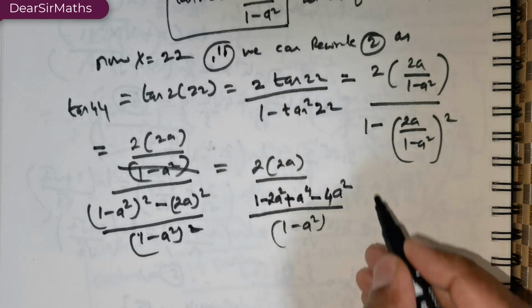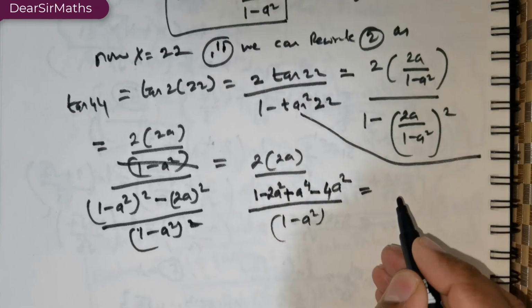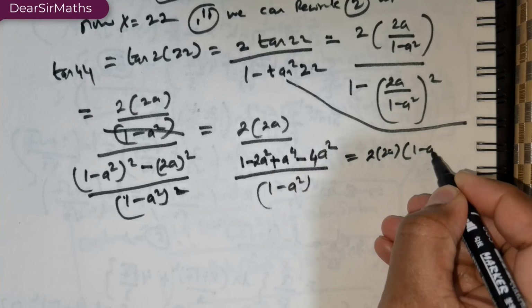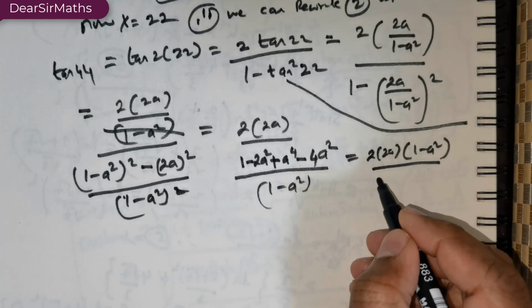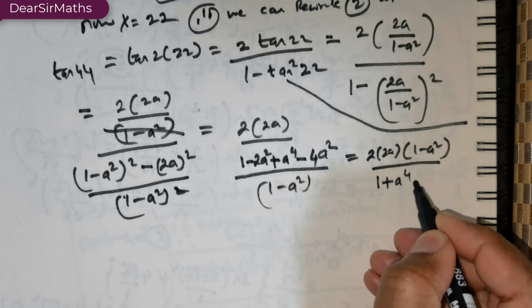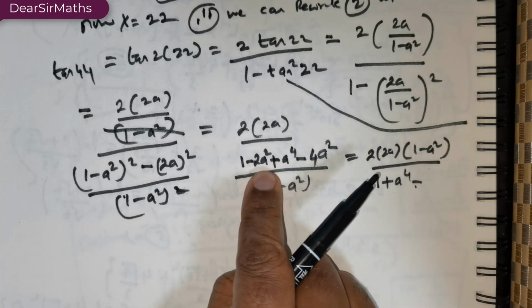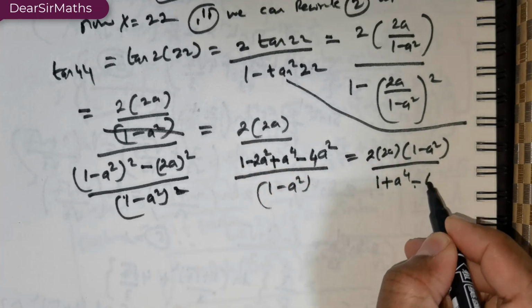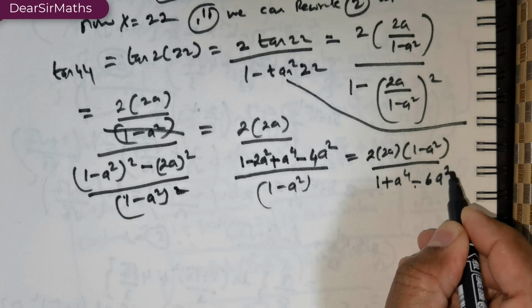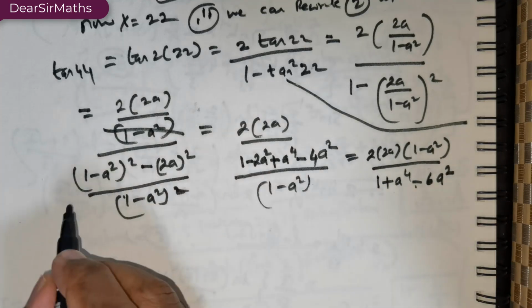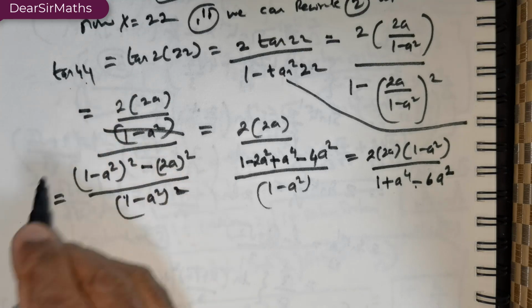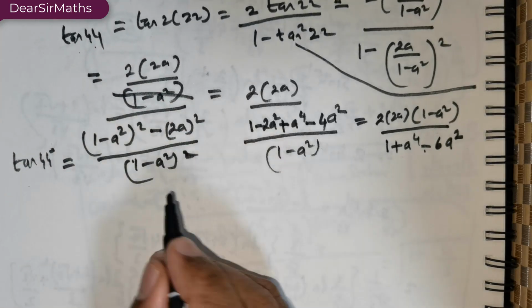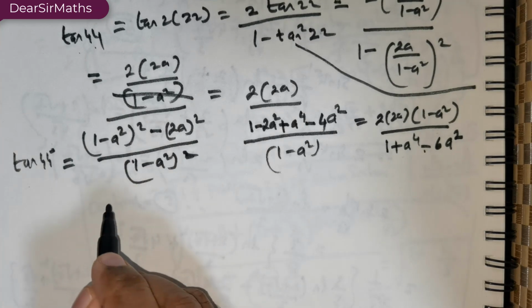Now if you were to flip this, this is going to be equal to 2 times 2A times (1 - A²) divided by (1 + A⁴ - 2A² - 4A²), that's going to be 6A². So this is nothing but tan 44. Now you might be wondering, why did I go and get tan 44?